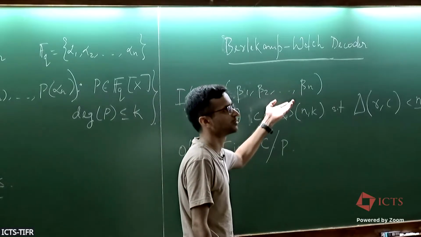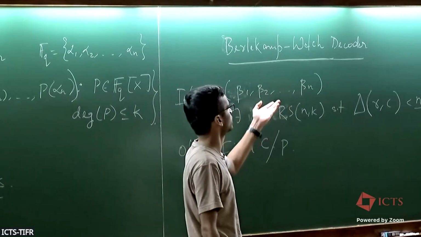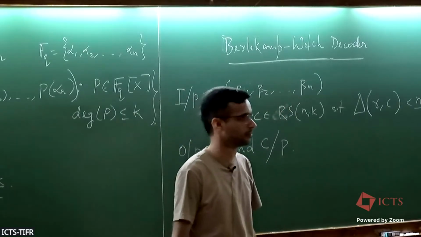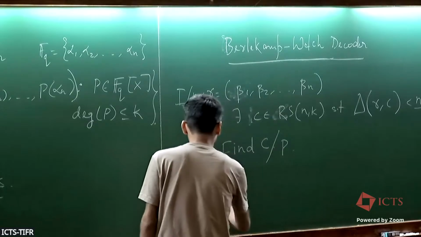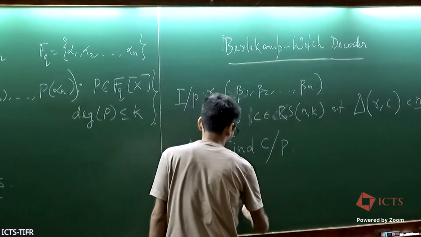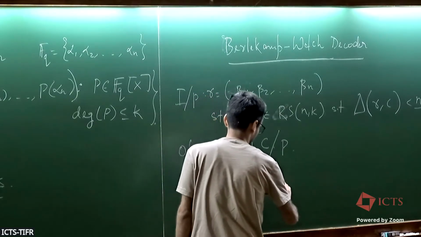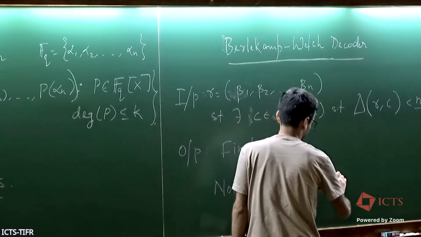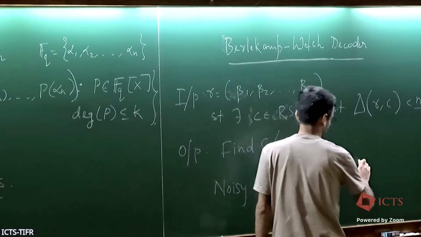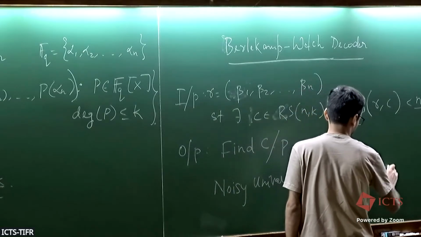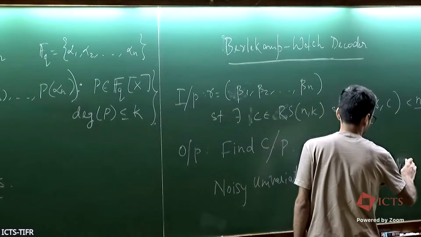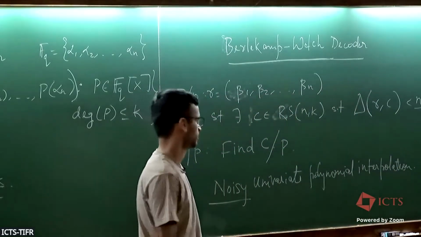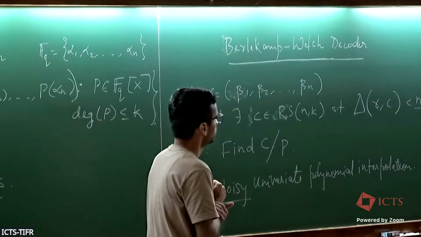There will be a bunch of errors in this. So what we are doing is some kind of noisy univariate polynomial interpolation, and noisy meaning that some of the evaluations are not correct. There are errors.